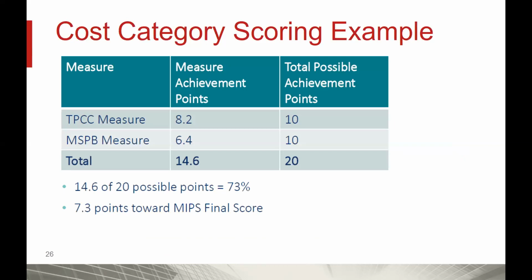So that's a total of 14.6 measure achievement points out of the total possible 20 points that that clinician would be eligible to score in this category. So 14.6 out of that total possible 20 points is 73%, or 7.3 points towards your MIPS final score out of the 10 points that you were eligible to earn in this particular category.